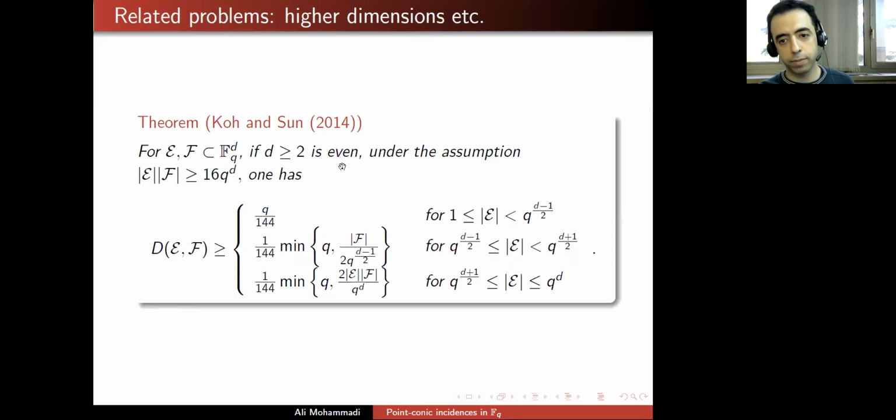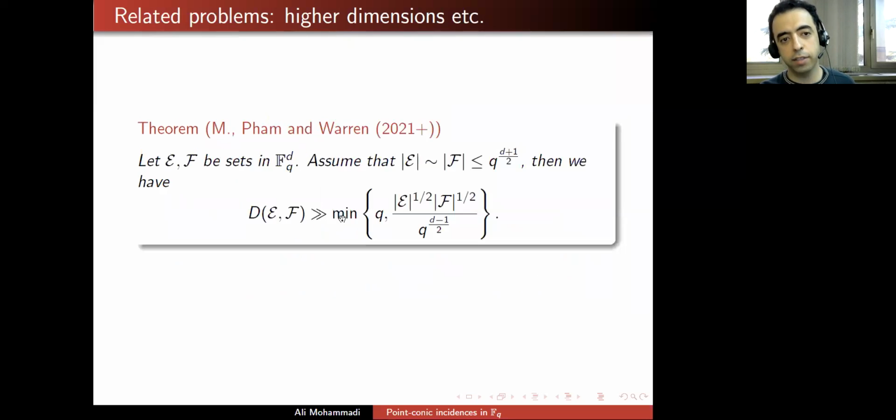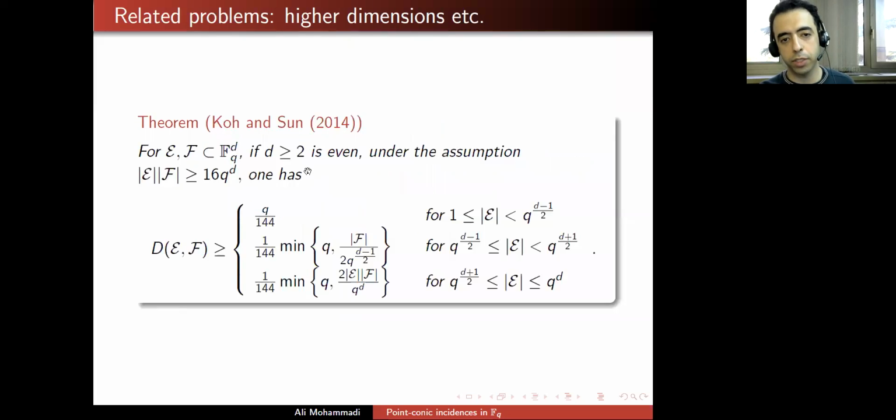Now, the point I really wanted to make is that, even though our techniques looked ridiculously inefficient, we actually recovered this, and we didn't have this extra assumption that the product of E and F is larger than q to the d. I mean, this was interesting. Like I said, the method was pretty inefficient, so maybe it gives a clue for further improvements if you can improve the techniques.